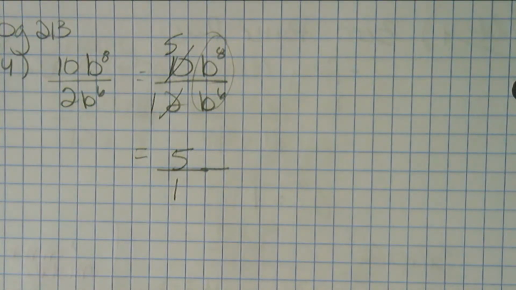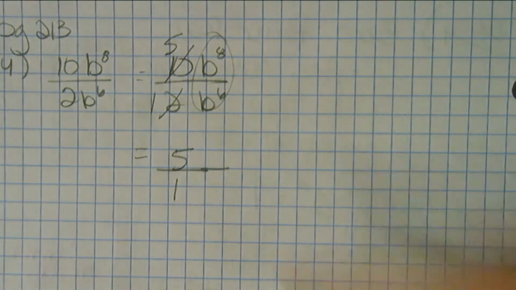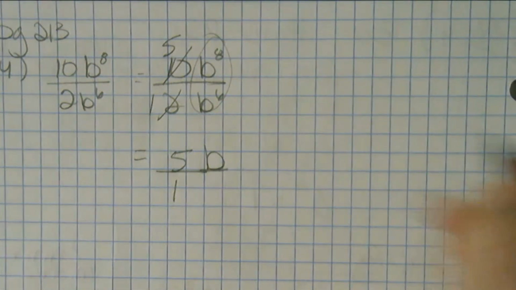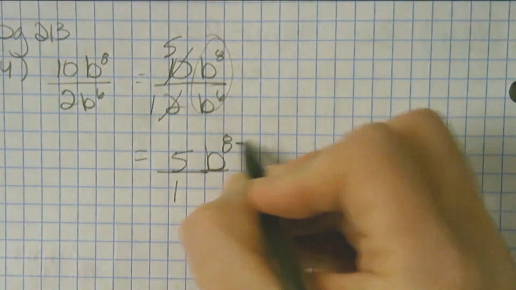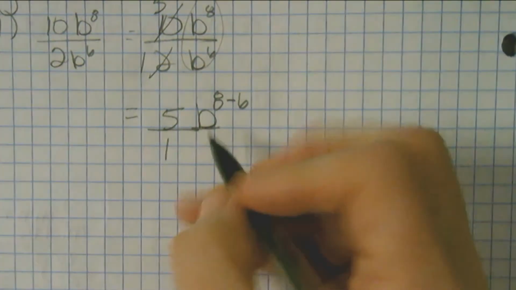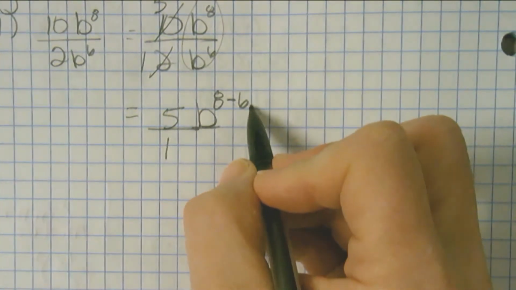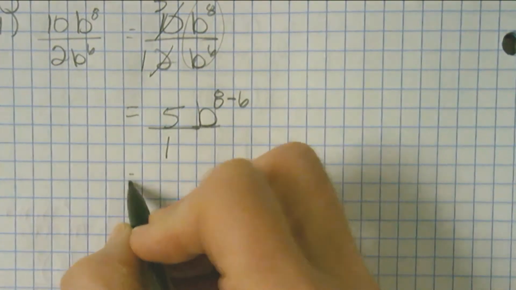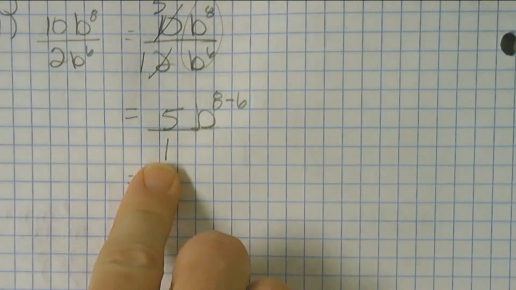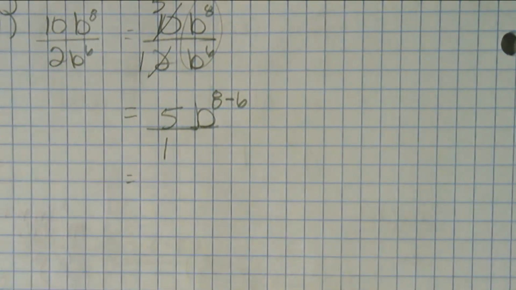In the numerator only, you are leaving one of the bases and you are subtracting the exponents. So I have b to the 8 minus 6. To simplify this, when I have a denominator of 1, I don't need to show that denominator of 1 anymore. So I'm going to get rid of that denominator of 1.